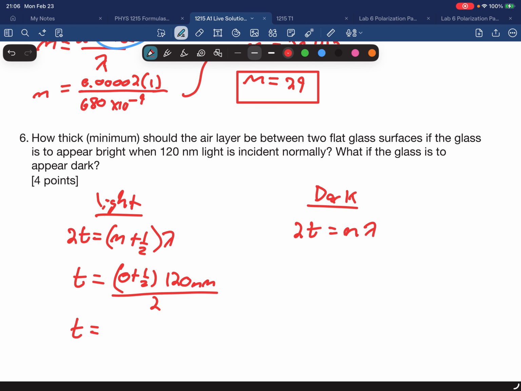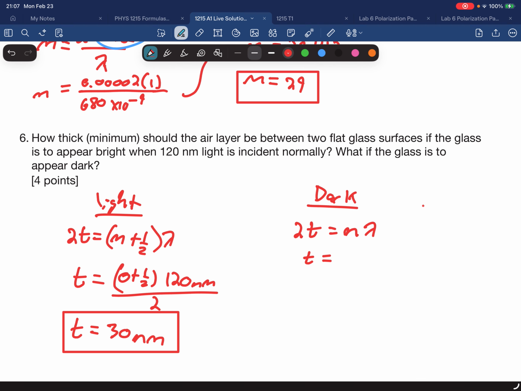And I end up getting, for light, 30 nanometers. For dark, plugging in 0 gets us, well, 0.